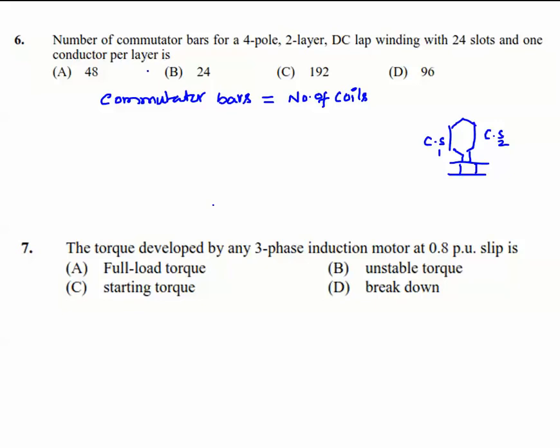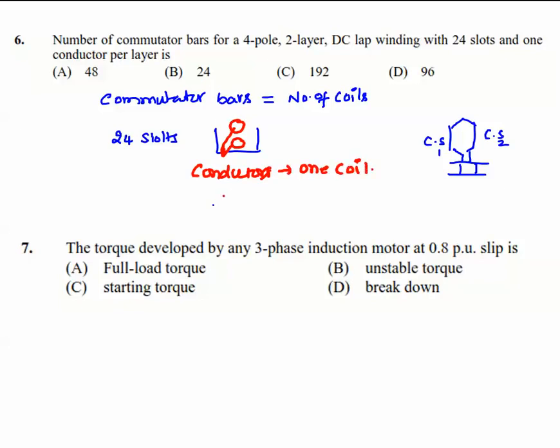Normally in the given question we have 24 slots. So I will take the slot like this. In this slot it's a double layer winding. That means we will have 2 conductors, first conductor and second conductor. So these 2 are nothing but conductors, and these 2 conductors will make one coil.